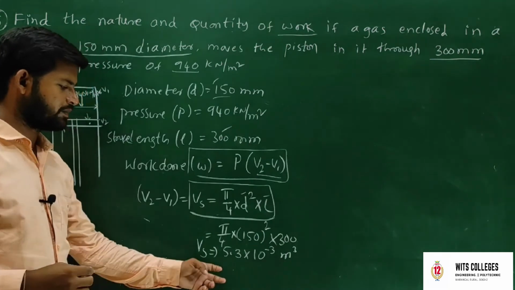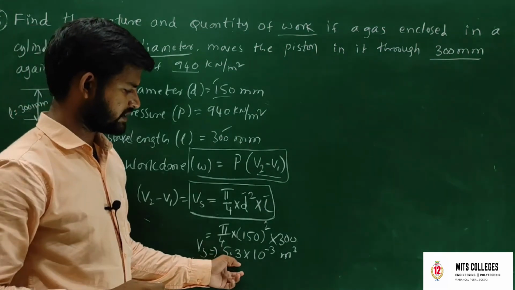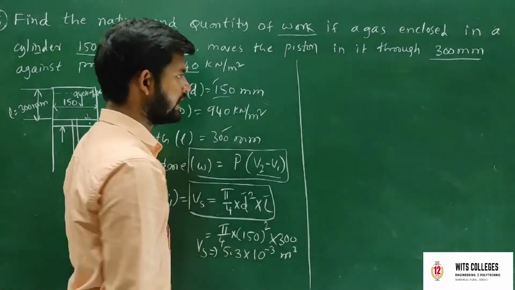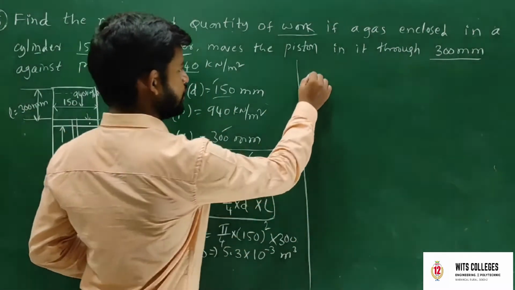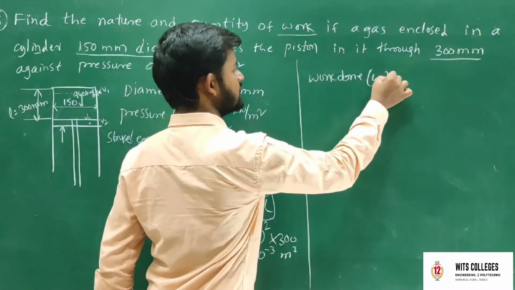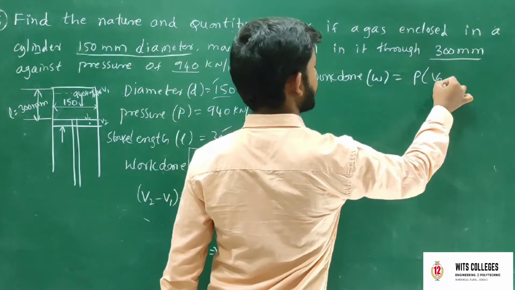Okay, we have obtained the stroke volume in the calculator, that is 5.3 × 10^-3 m³. Next, we will find out the work done. W = P × (V2 − V1).